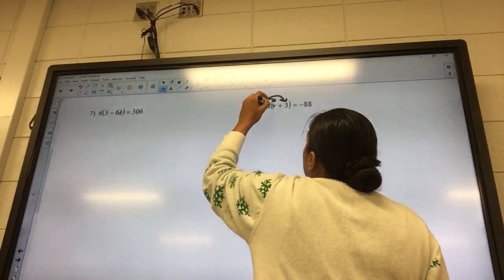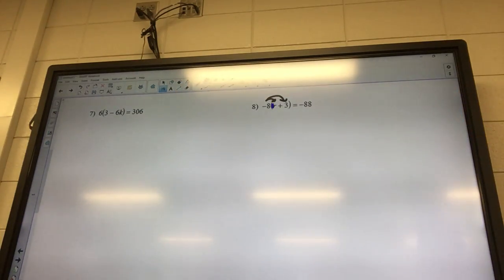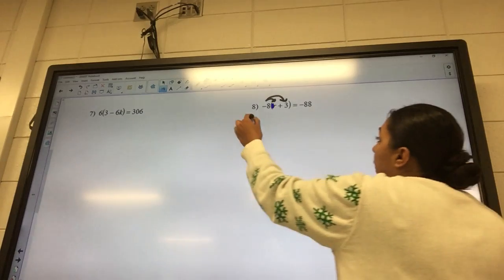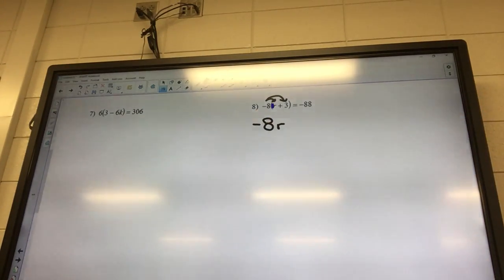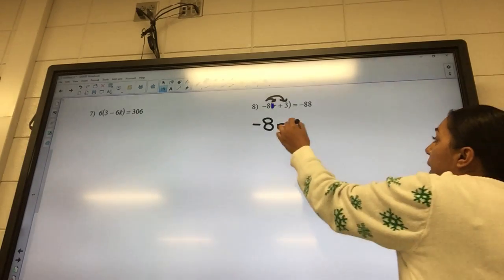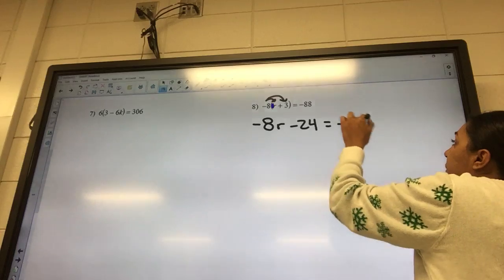There's really a 1 right there. So a negative 8 times a positive 1 is going to be negative 8R. And then negative 8 times a positive 3 is going to be minus 24 equals negative 88.